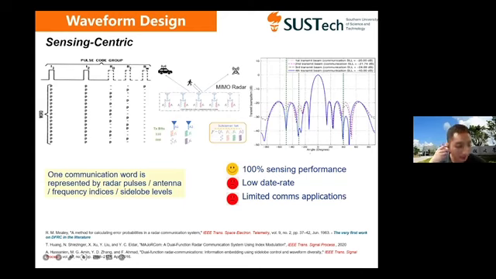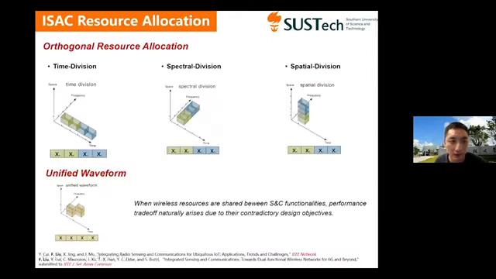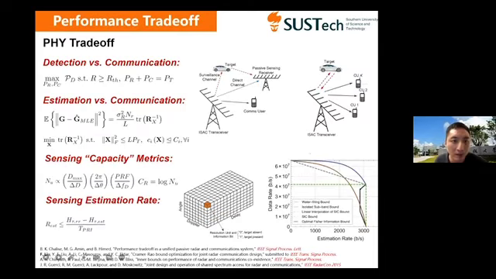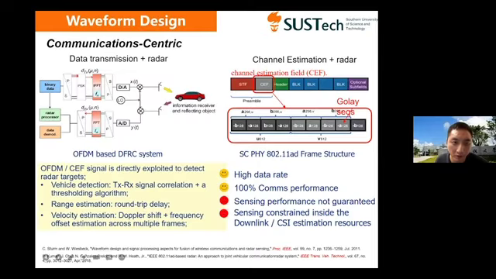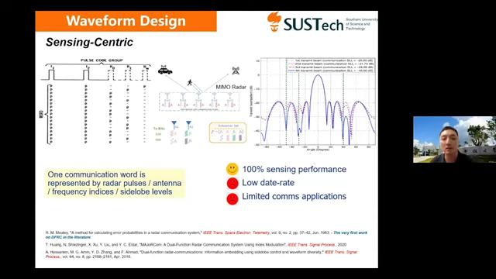Okay, then let's come to the waveform design of ISAC. There are actually four types of waveform designs, like I said in the previous slides: time division, spectral division, spatial division, and a unified waveform. But from another viewpoint, we can split all the ISAC waveform designs into three types.